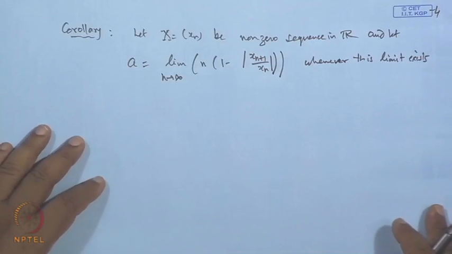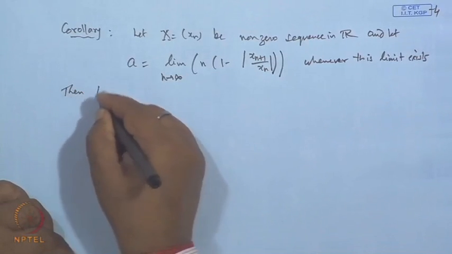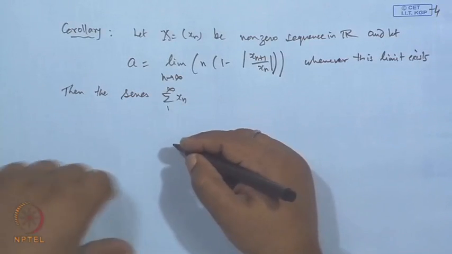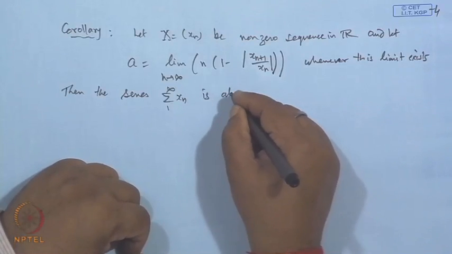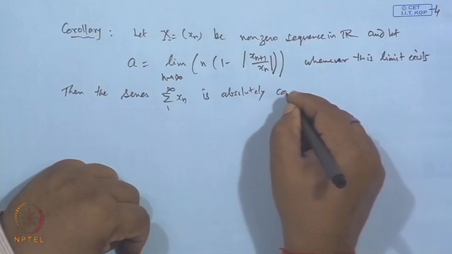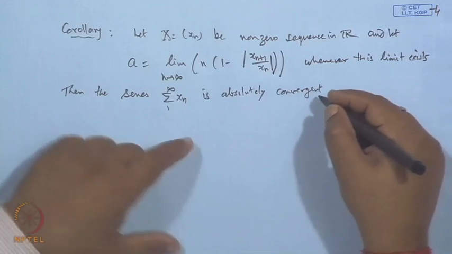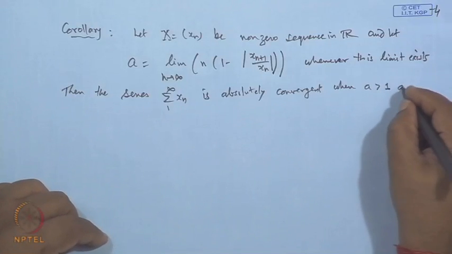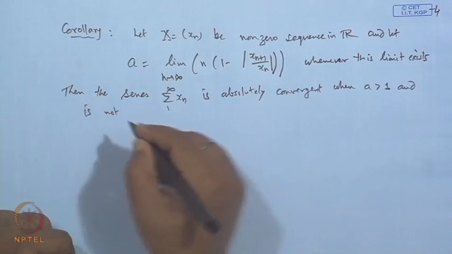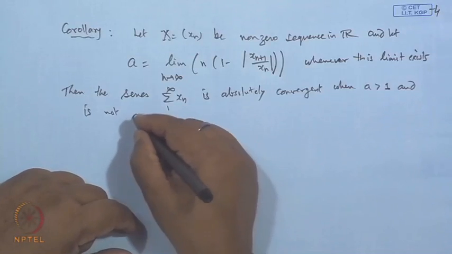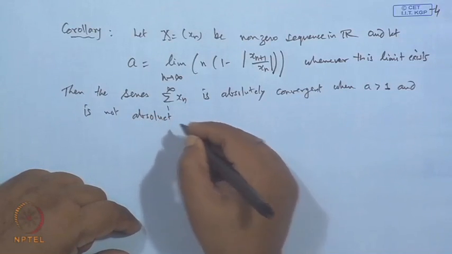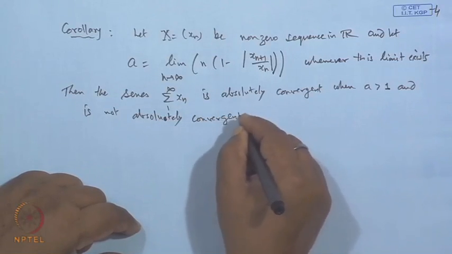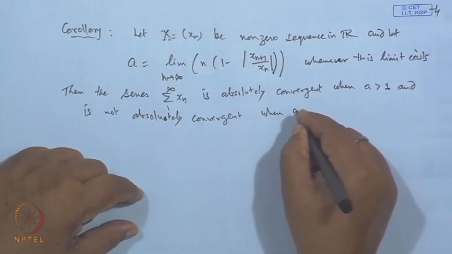Okay. So, this series sigma x_n, n from 1 to infinity, is absolutely convergent when A is greater than 1, and is not absolutely convergent when A is strictly less than 1.